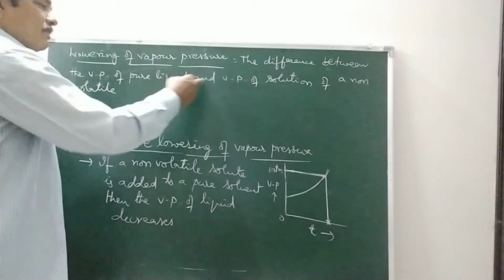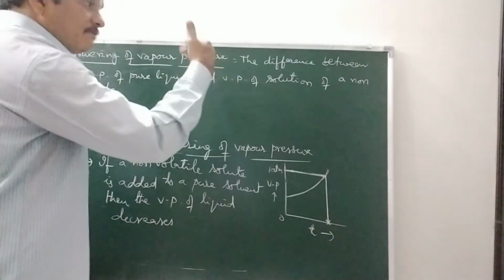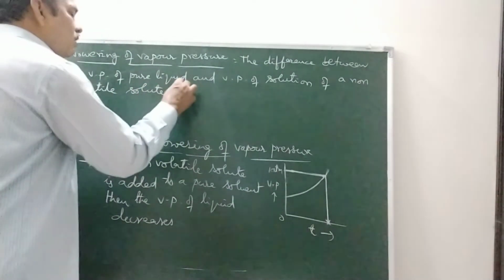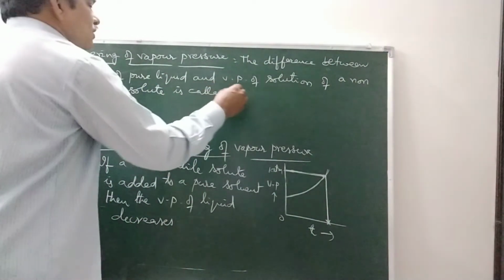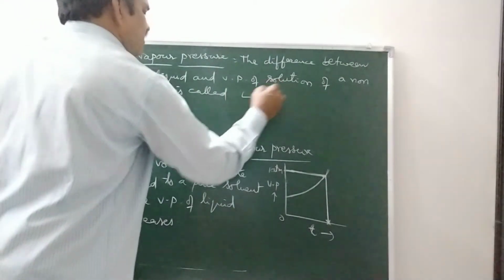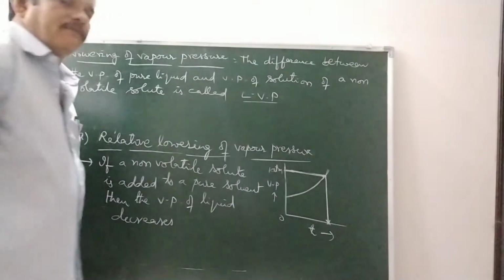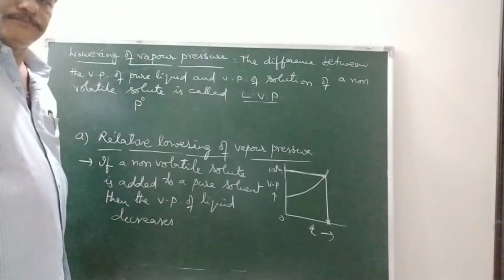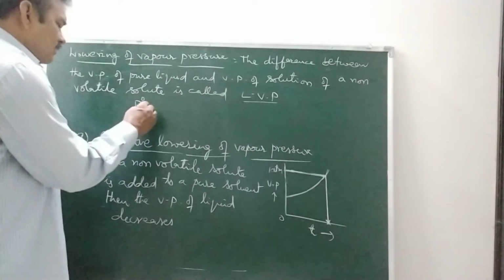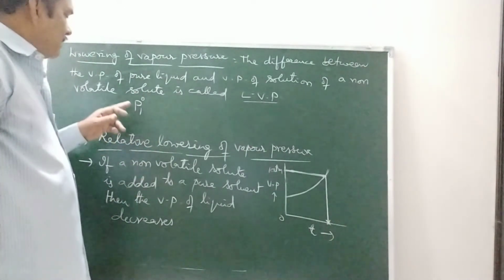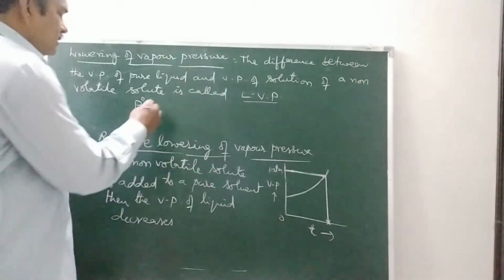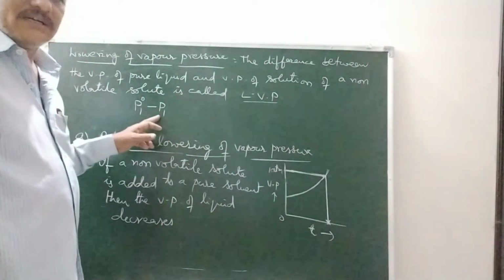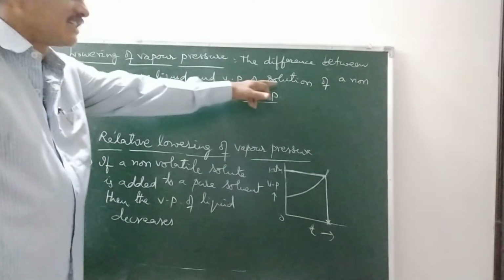The difference between the vapor pressure of the liquid and the vapor pressure of the solution of that non-volatile solute is called lowering of vapor pressure. Say P1 naught is the vapor pressure of the pure solvent, and P1 is the vapor pressure of the solution.